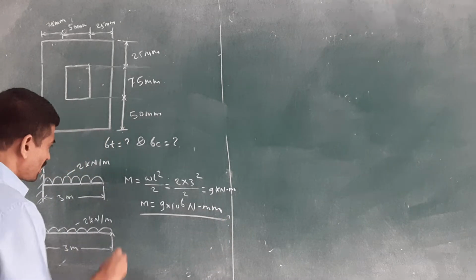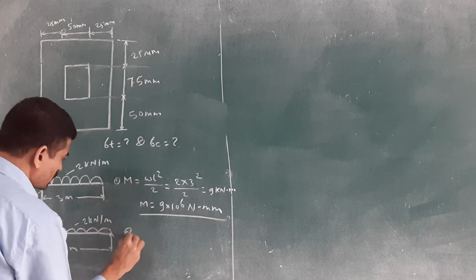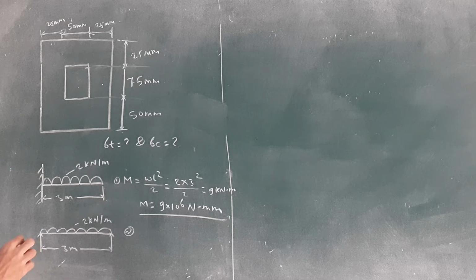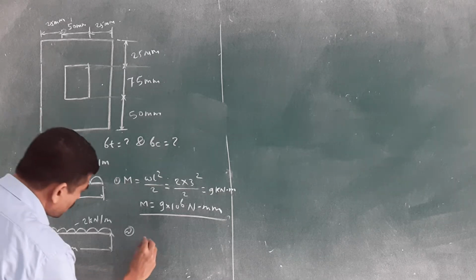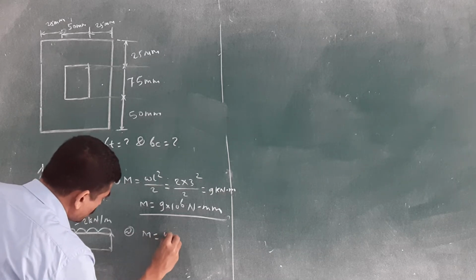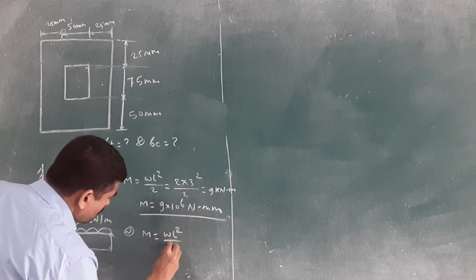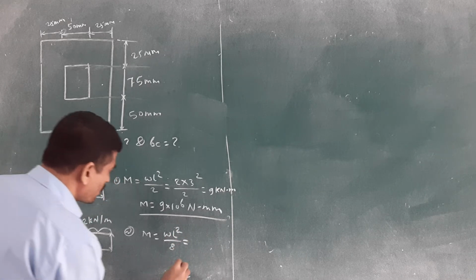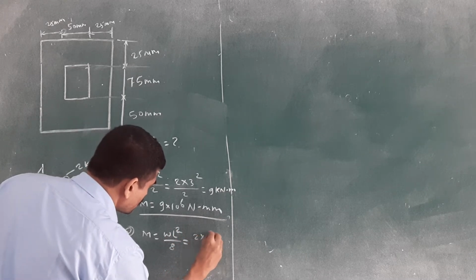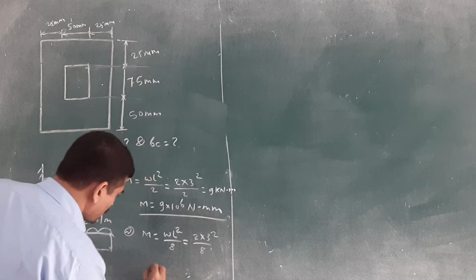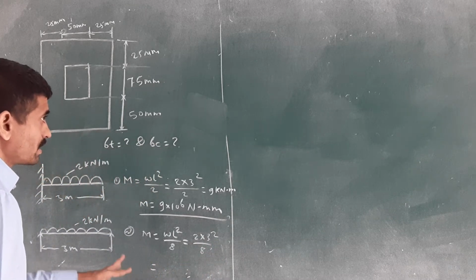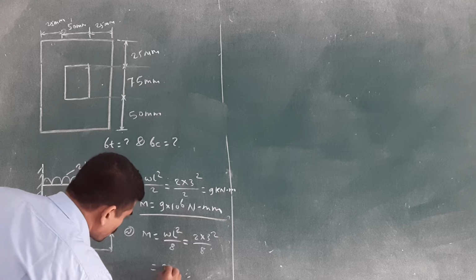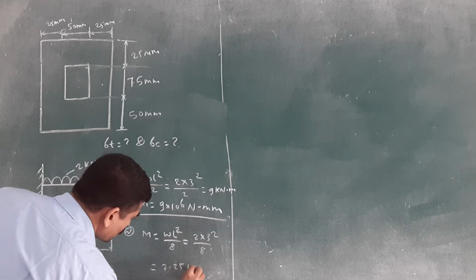Then, for the simply supported beam, where do we get the maximum bending moment? M is equal to WL square by 8. Again, 2 into 3 square divided by 8 gives 2.25 kilonewton meter.